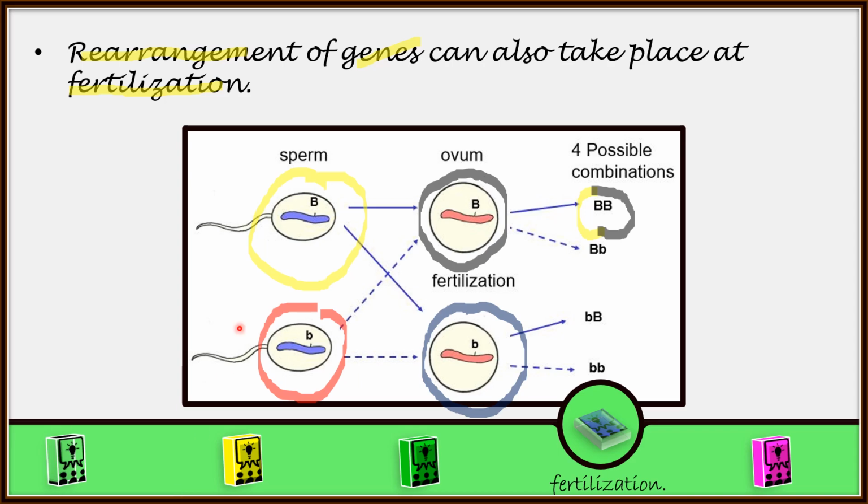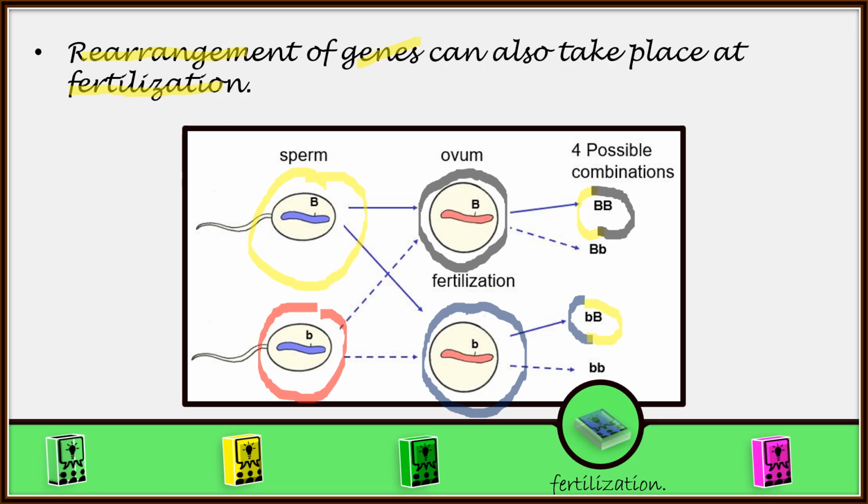Now again, let this sperm go with this ovum here. This is capital B, this is small b, which means it is going to produce small b and capital B. So that is now the offspring, the combination we are getting here.